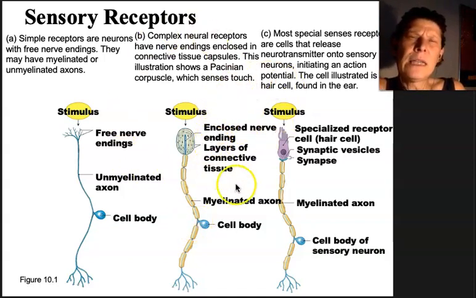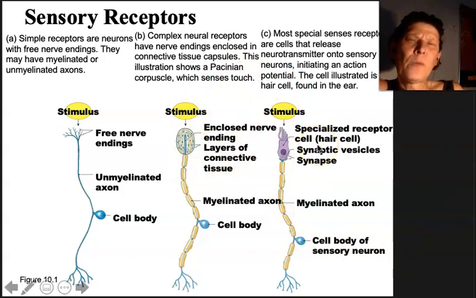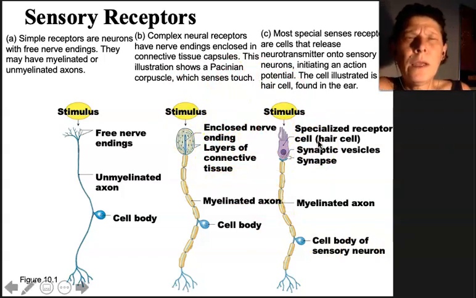And then here you have an example of a very specialized type of sensory receptor, where cells release a neurotransmitter onto the sensory neuron. So here's a synapse to the sensory neuron. Here's the specialized receptor.